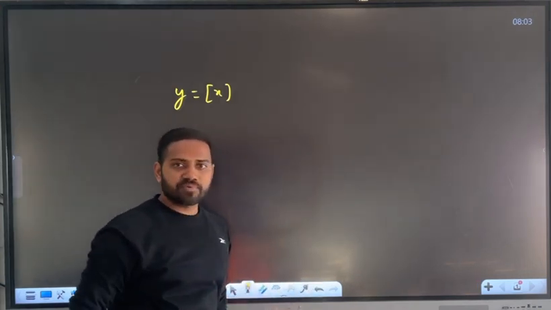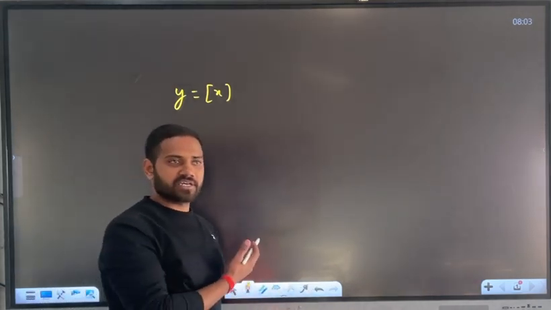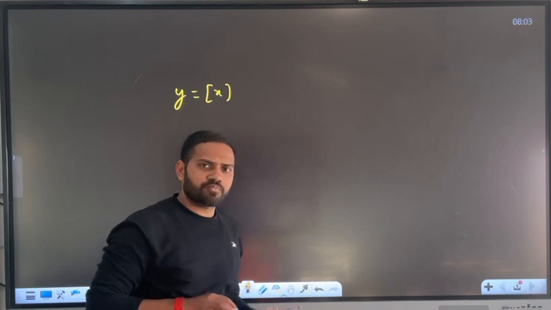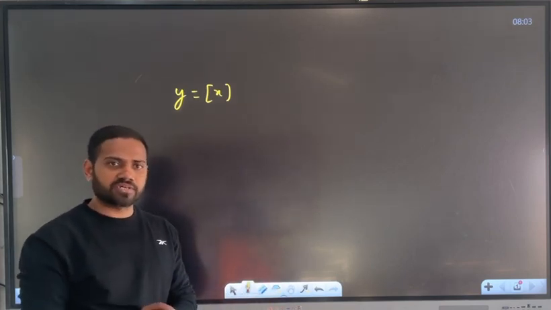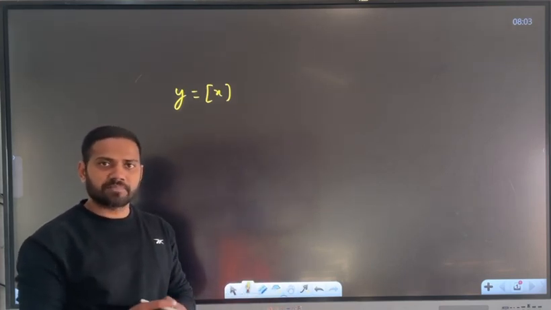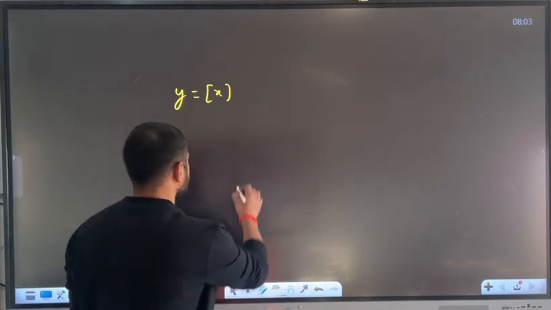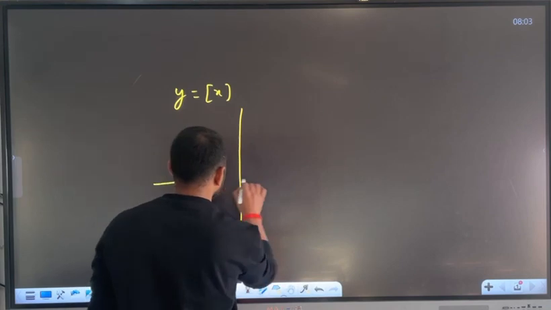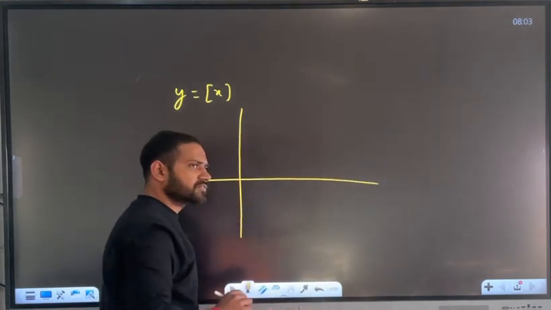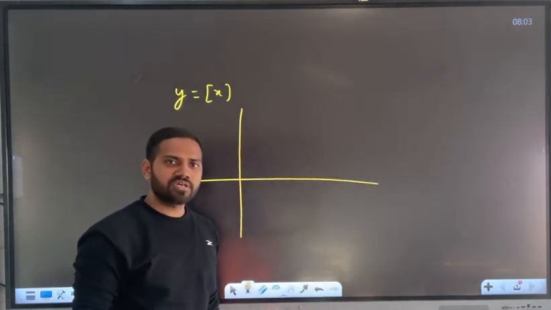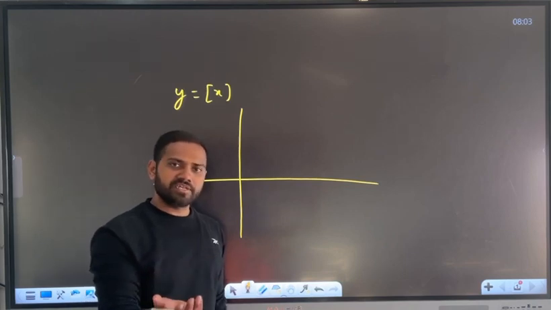So the first example which we are considering is the greatest integer function. I hope we have understood about the greatest integer function in the chapter called function. So we will draw its graph. This greatest integer function is called greatest integer function because it gives the integer in its range.